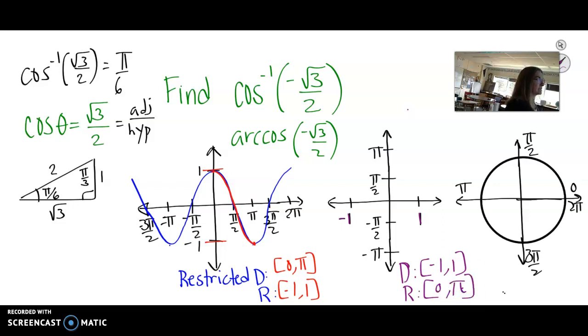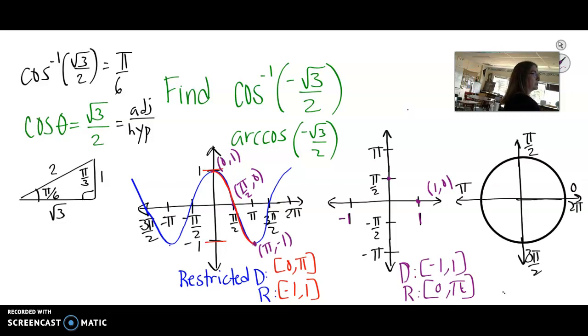So then we graphed this. We interchanged our ordered pairs. So we have 0, 1 here; interchange it, and 1, 0 is on the inverse graph. This point right here is pi over 2, 0, so 0, pi over 2 is on my inverse. And then this one right here, I'm just picking some that are easy to find, at pi, negative 1, that's on the regular cosine curve in our restricted domain.